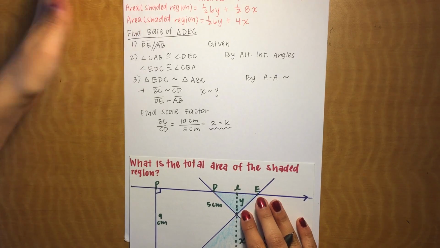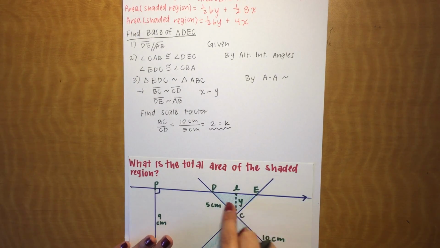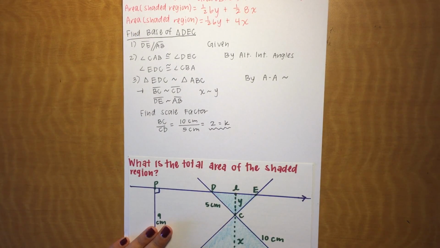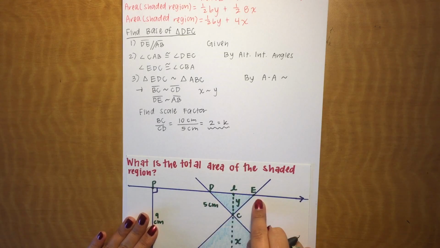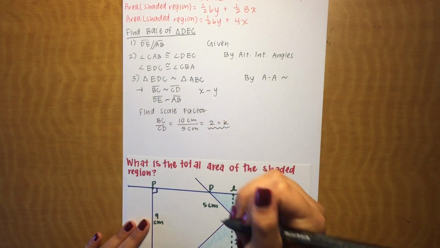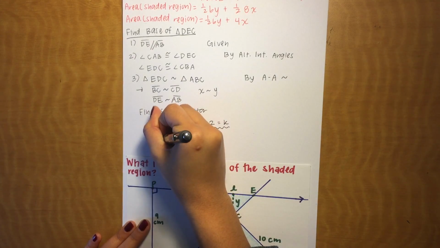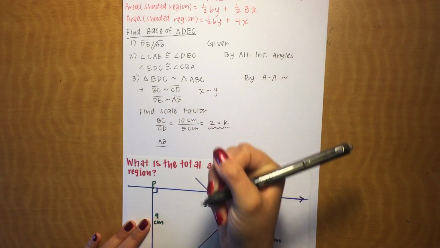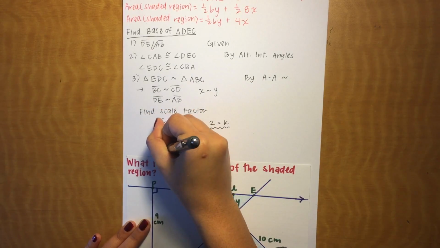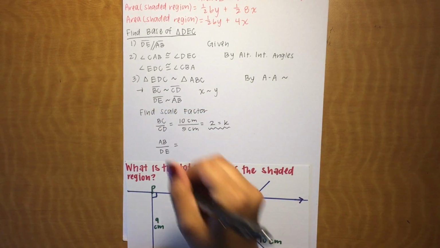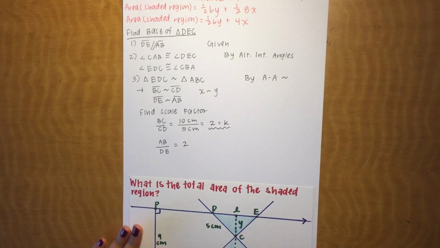Now we can use the scale factor to find the base. Since AB corresponds to DE, AB over DE has to equal 2, the scale factor.